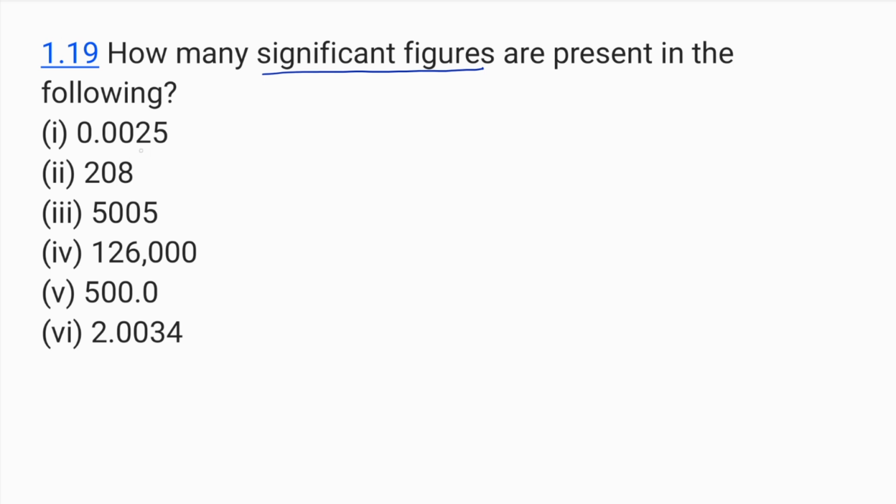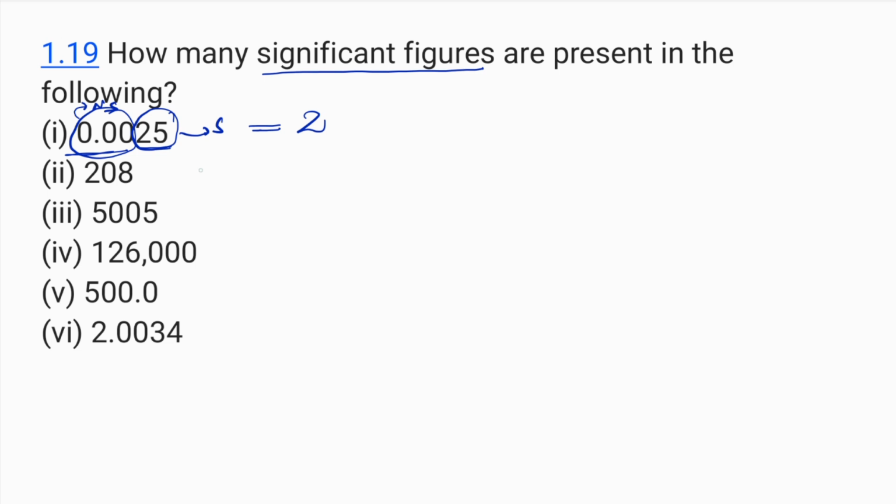The first number is 0.0025. There are 2 non-zero digits, and to the left hand side there are zeros. These 3 zeros are non-significant, and only the non-zero digits are significant, so there are 2 significant figures.